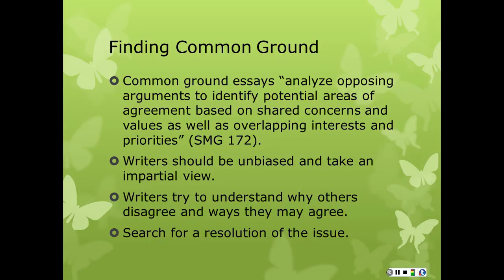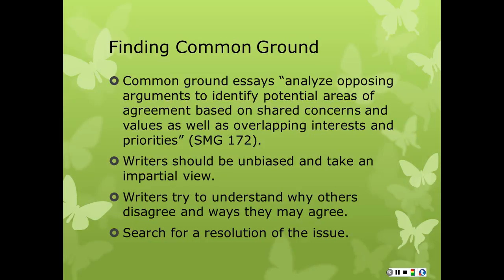And then you will look for a second source who disagrees and says, no, I do not agree with this. This is not right. So you're going to pick two different sources who disagree on the same issue, and then you're going to find a resolution. What is one thing that these two sources agree on?